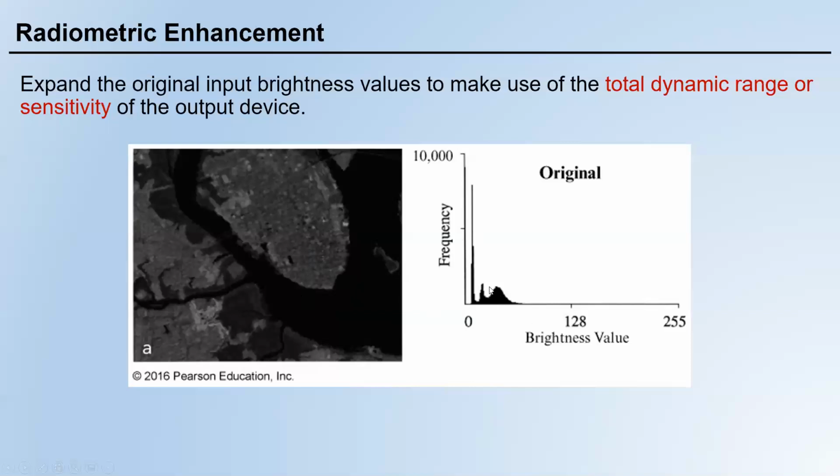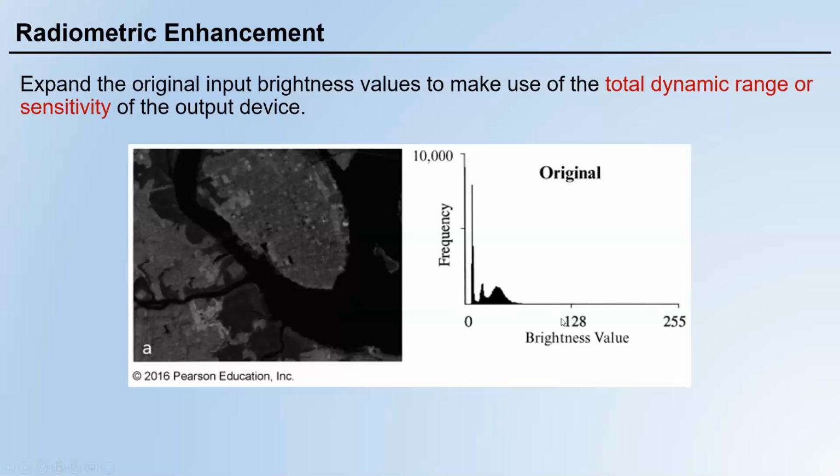Okay, of course, there are other pixels that have relatively higher values within this small range. But again, even though they have relatively higher values, the absolute values of them, given the whole total dynamic range, are still very small.